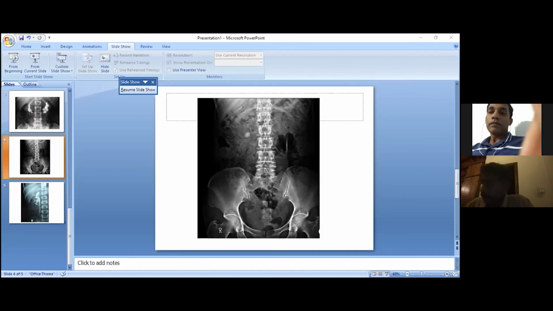Now, can you just describe the initial steps of flexible URS, very briefly? Yes.